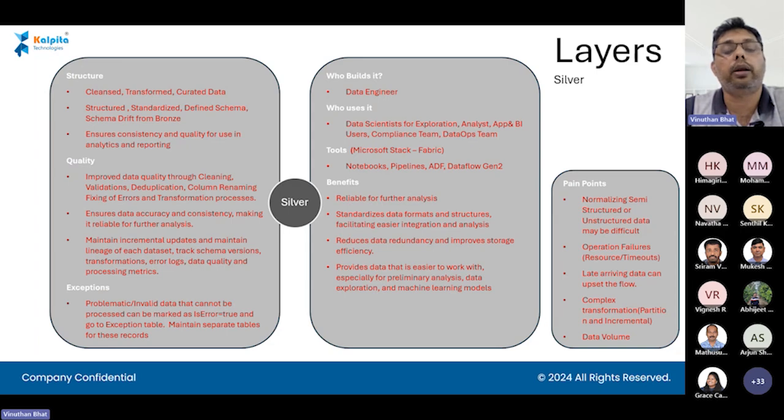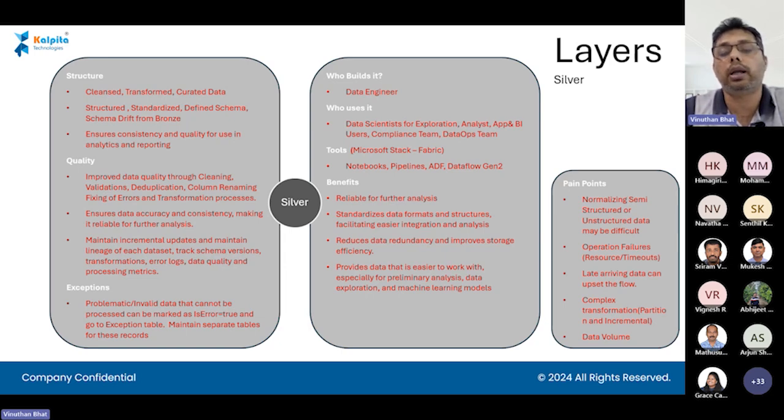If there is any duplicate data, you will clean that, and you will have very curated data. At the silver layer we could define a proper structure, like in a table, you define a proper structure with a standard defined schema. As you see, when the schema changes, there will be a schema drift from the bronze.